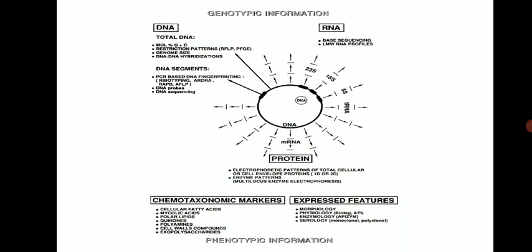Then there are some expressed features that include morphology or physiological based techniques, including Biolog and API. We are going to discuss these in the next slides. And then some techniques are based on physiology, including enzymological techniques, and lastly the serological techniques, which use monoclonal and polyclonal antibodies.